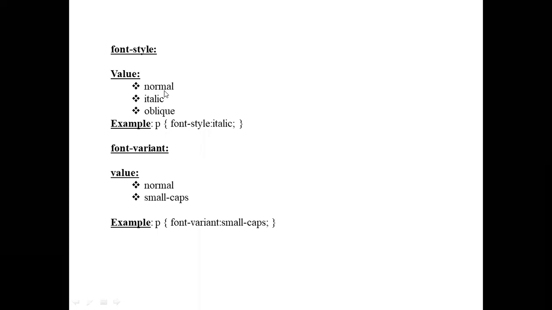Normal means the text is shown normally. Italic means the text is shown in italics, that is curved letters. Oblique means the text is leaning. Oblique is very similar to italic, but it takes the normal font design and just slants it. So these are the three types of values for the font style property.